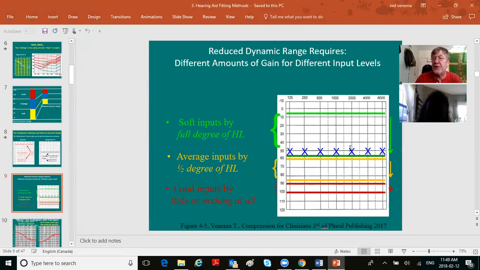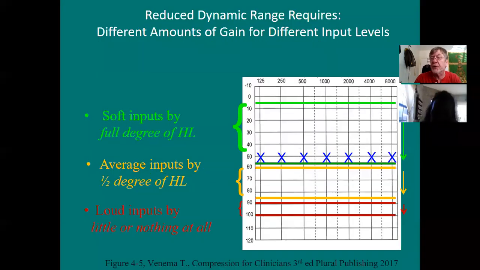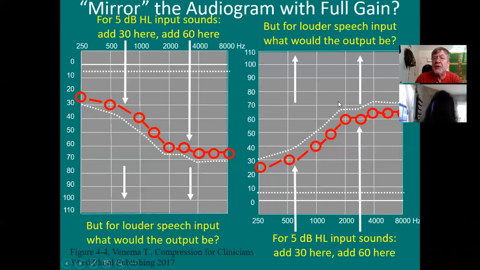So his left ear has 50 decibel hearing thresholds. Now here comes a sound of 5 dB, the green. You see that green there at 5 dB? If I want to make that audible to the person, how much do I amplify it by? The full degree of the loss.